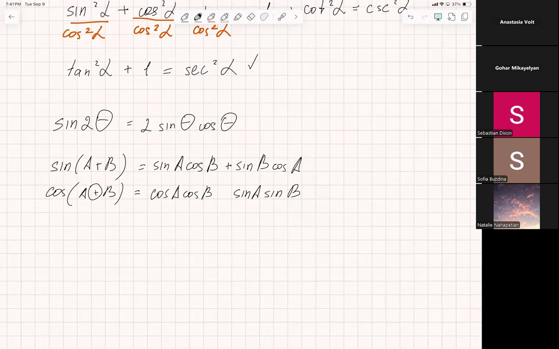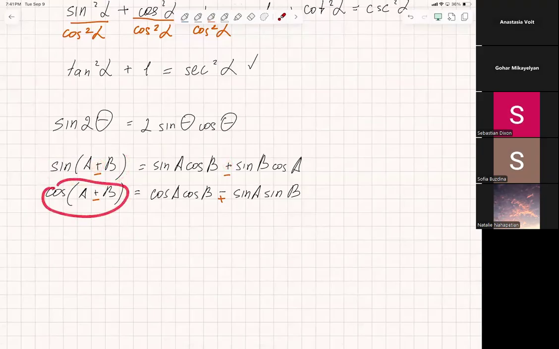But for the cosine, whatever sign you had in the argument, you will have the opposite of that. So if it was minus, that would be plus. If it was minus here, that would be minus here. So for sine, whatever sign you have inside, that would be the same sign when you expand it.